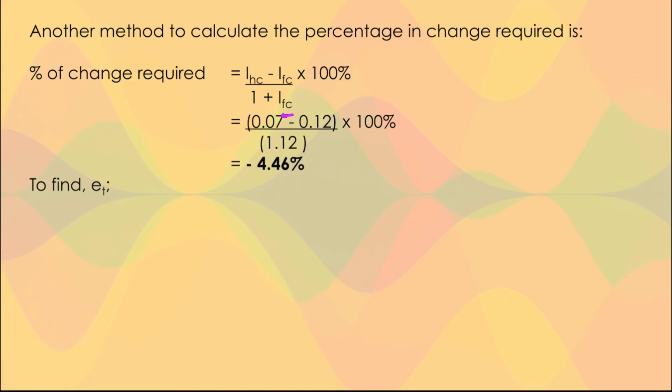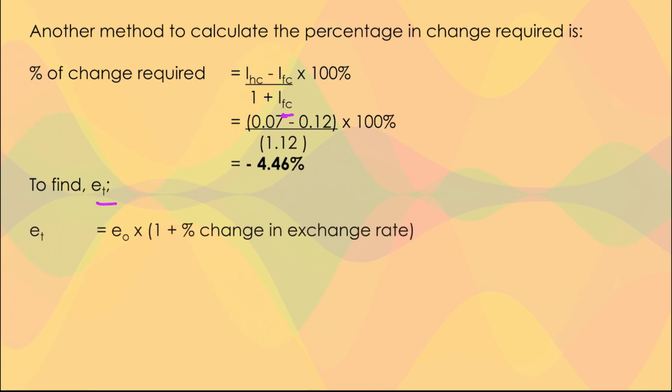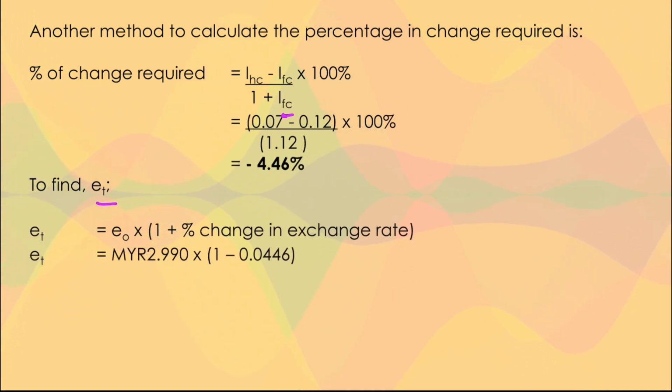To find Et, the future spot rate, you have to use this formula: Et equals the spot rate times (1 plus the percentage change in exchange rate). So here, to find Et, the spot rate is 2.990 times (1 minus 0.0446).